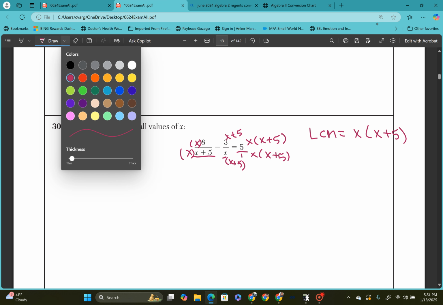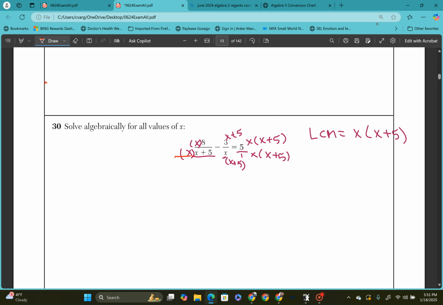When I do that, right, I take out my red marker, the whole bottom goes away. So what do I have here? I have x times 8 is 8x. Then I have a minus sign. And then I have 3 parentheses x plus 5 equals 5 times x and x plus 5. So now it becomes an algebra 1 problem.